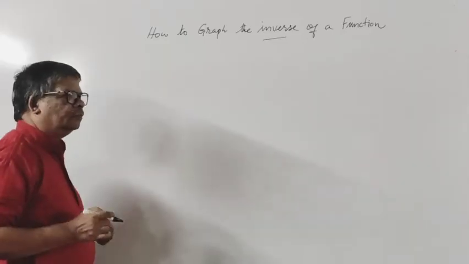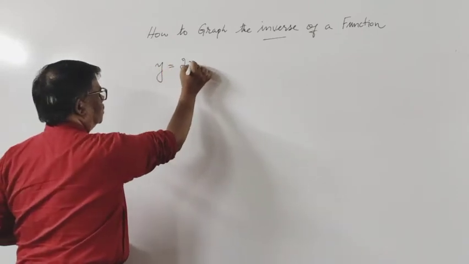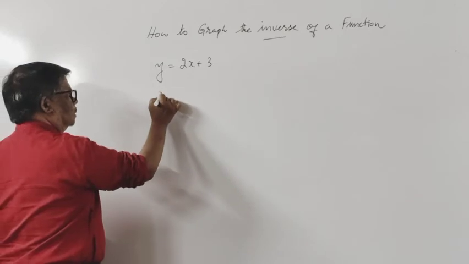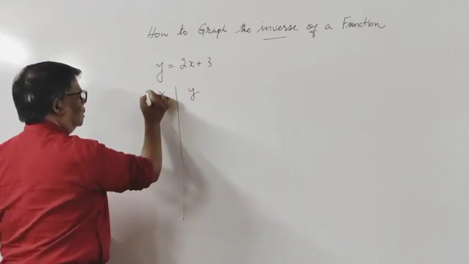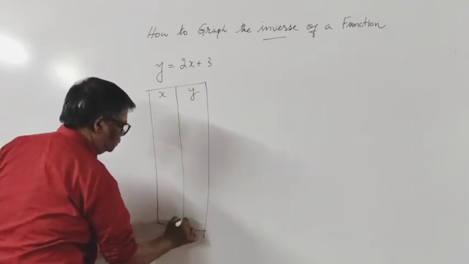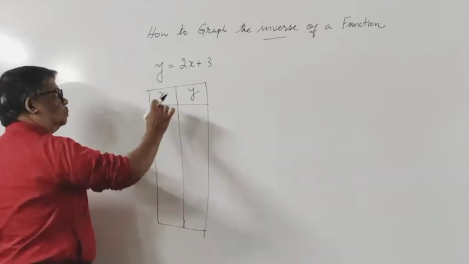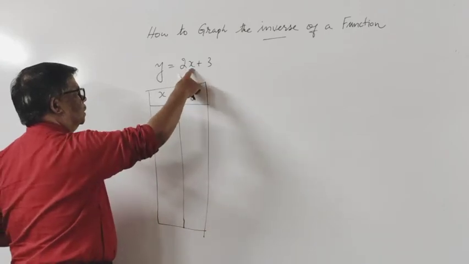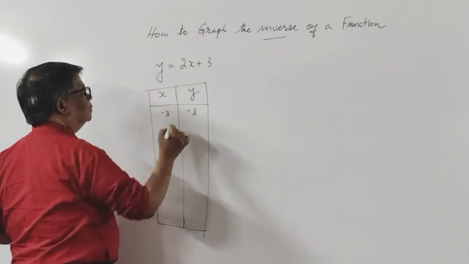Now let us see the function y is equal to 2x plus 3. We will make the ordered pairs x and y corresponding to this function. Let us put x is equal to minus 3. Then 2 into minus 3 is minus 6. Minus 6 plus 3 gets minus 3.